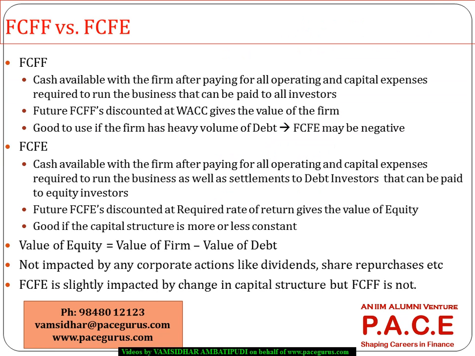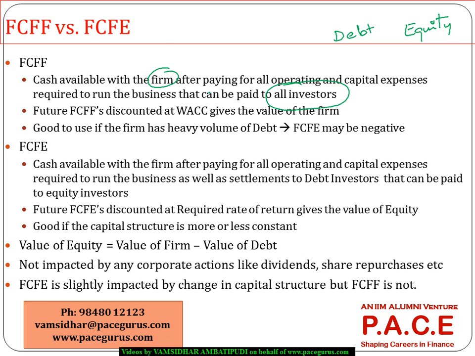Looking at slightly more detail, when I talk about the free cash flow to the firm, it is the cash that is available with the firm which can be used to distribute to all its investors. All its investors includes the debt investors who have lent to the company as well as equity investors.